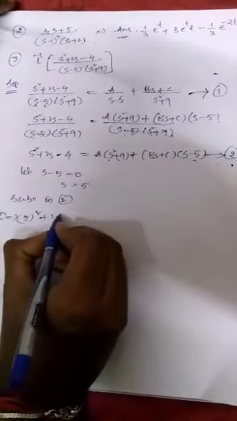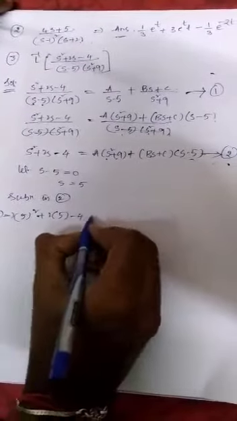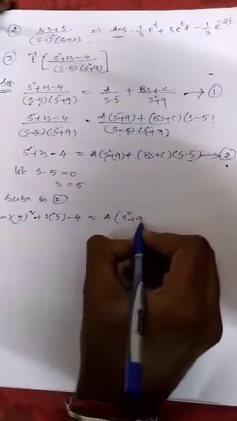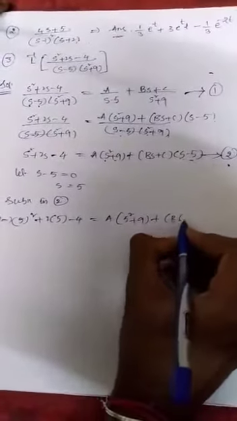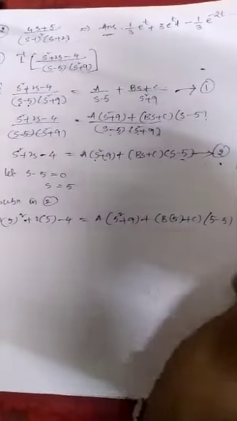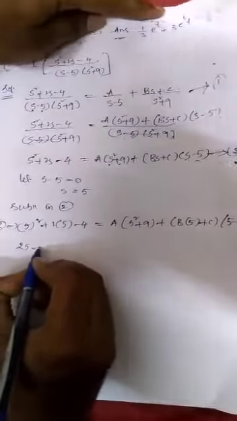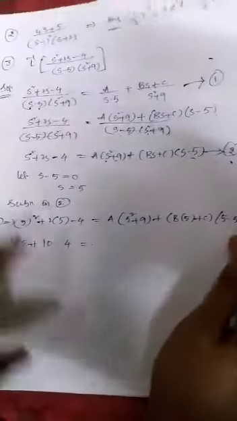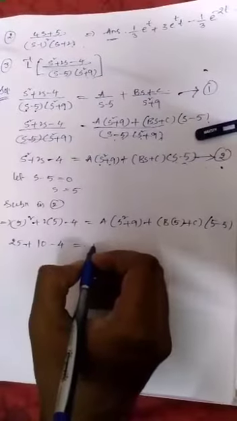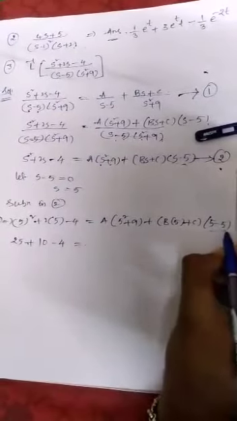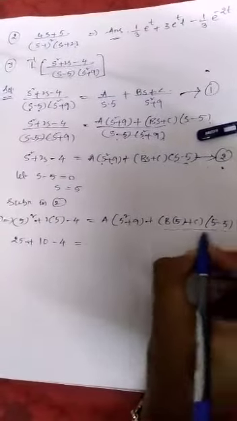5 square plus 2 into 5 minus 4 equals a into (5 square plus 9) plus b into 5 plus c into (5 minus 5), right? Here 25 plus 10 minus 4 equals, here 5 minus 5, so this total term becomes 0.